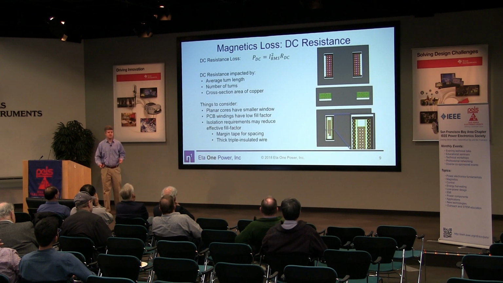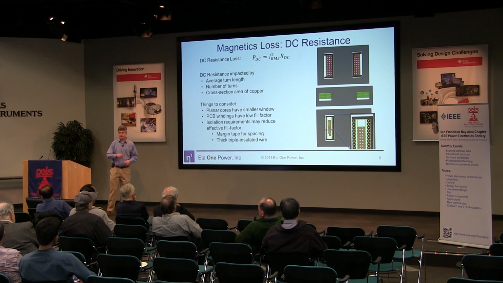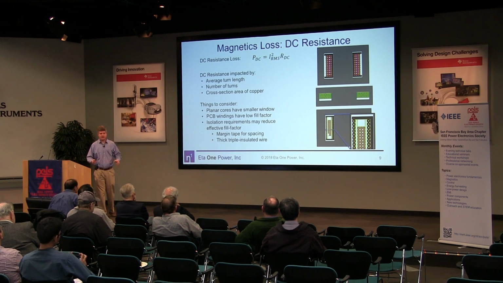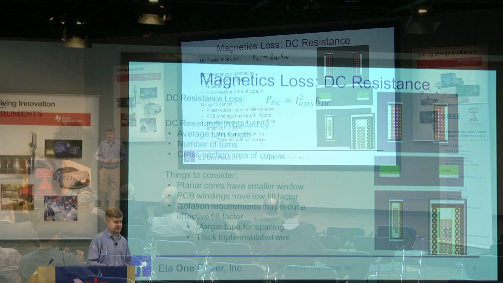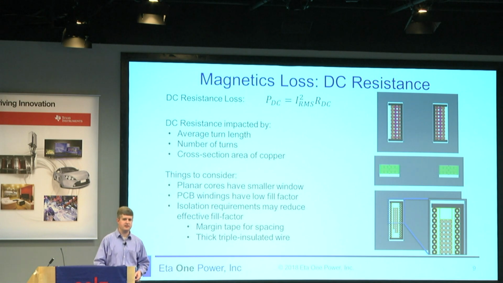Okay, so DC resistance, Ohm's law, pretty simple. But when you get down to it, it depends on how many turns you have, the average turn length, what's the diameter of your bobbin, and the cross-section area of copper you can actually put in your inductor design. So things to consider. Planar designs, PCB-based inductors, are very common these days, very popular.